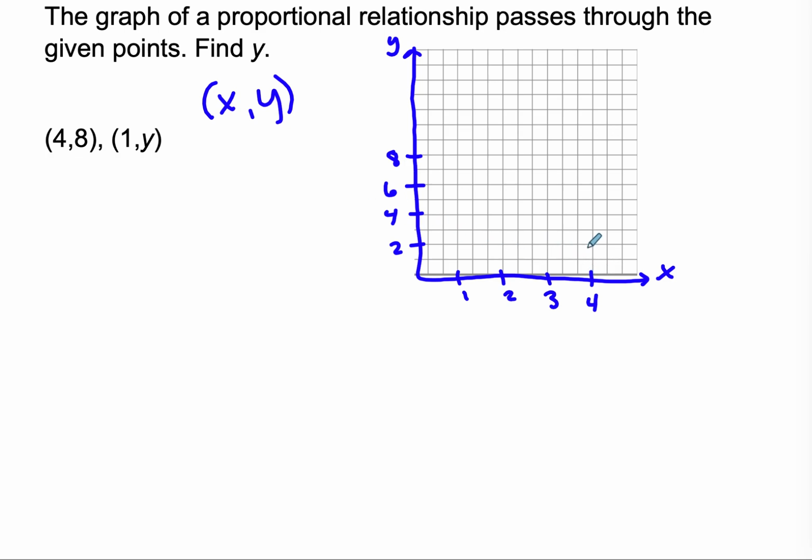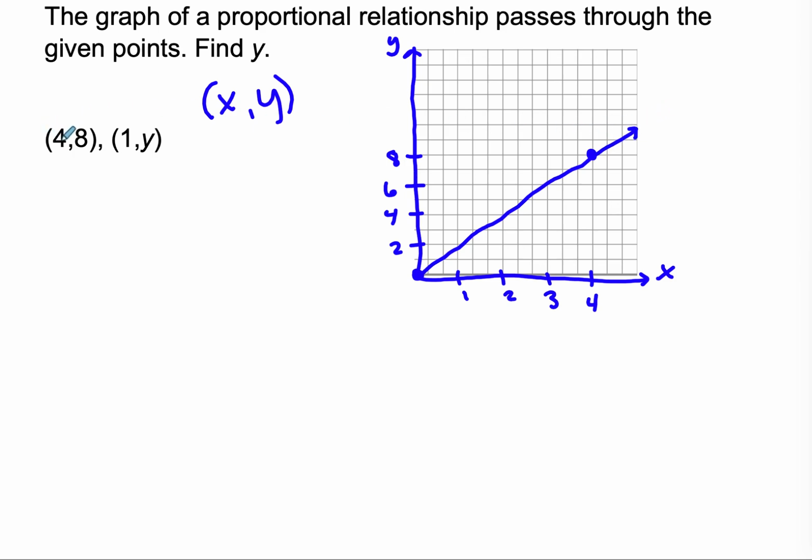So over 4 up 8 would be right here. I do know, because it says it's proportional relationship, that it's also going to go through 0, 0, because any proportional relationship goes through 0, 0. So now I'm going to draw a line as straight as I can to connect my 2 points, and I'm going to extend it.